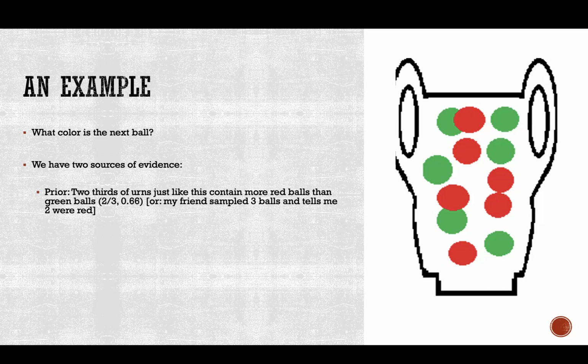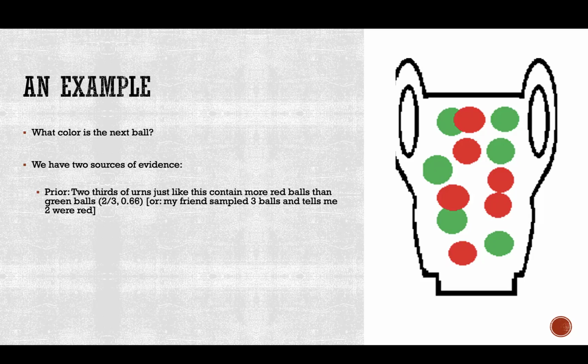No, they're saying that urns like this, the factory puts a little snippet there saying that when we produce urns and sample them at random, 2/3 of the urns contain more red. We're not going to tell you what this one contains, but that's some prior information, right?